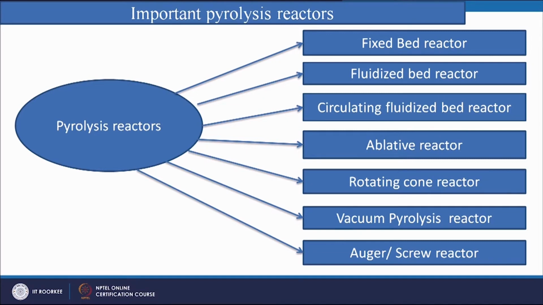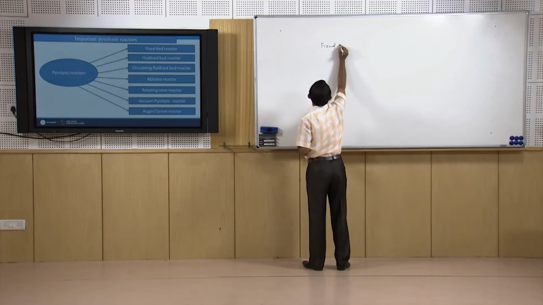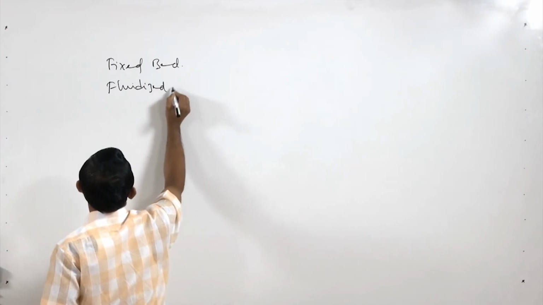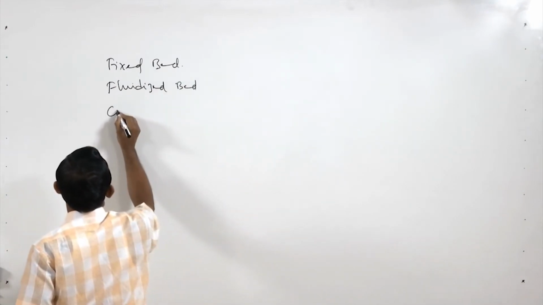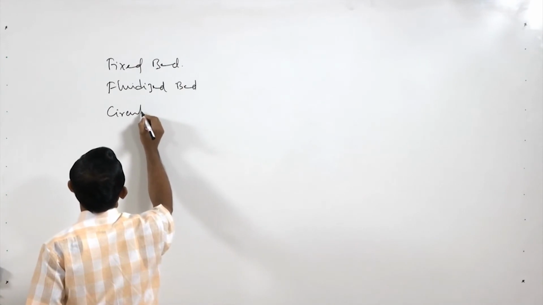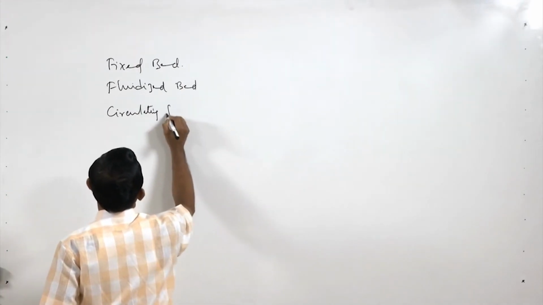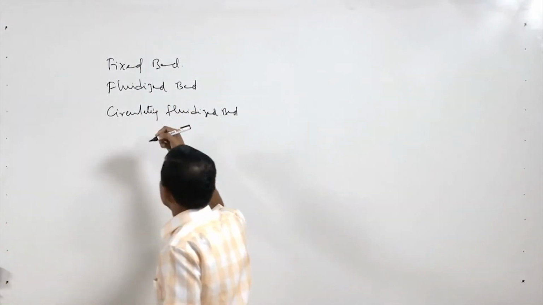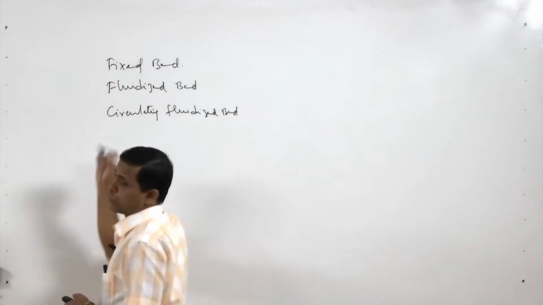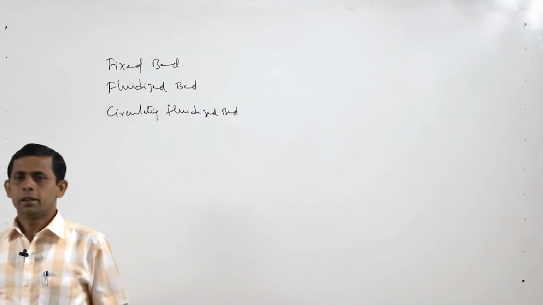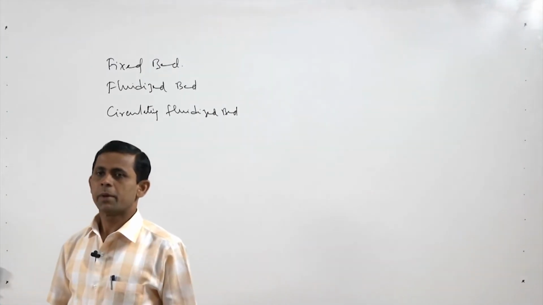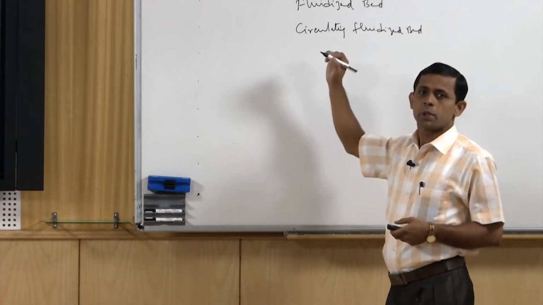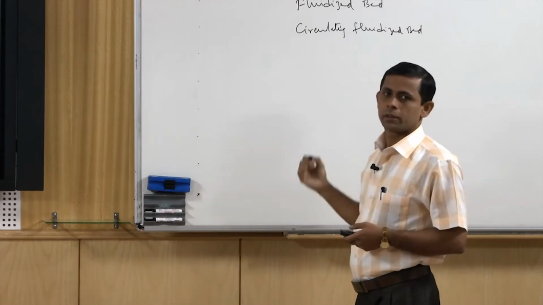In these three reactors, that is fixed bed, fluidized bed and circulating fluidized bed, some sweep gas is used. In case of combustion and gasification, combusting agent and gasifying agent are used, but in these reactors no such agent is used, but inert gas is used to carry the pyro vapor, which can be further condensed.